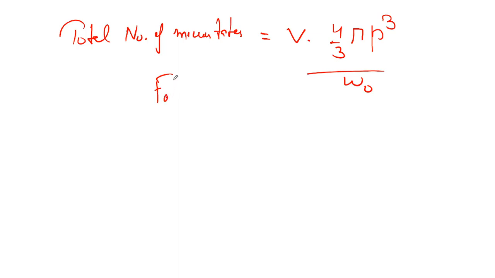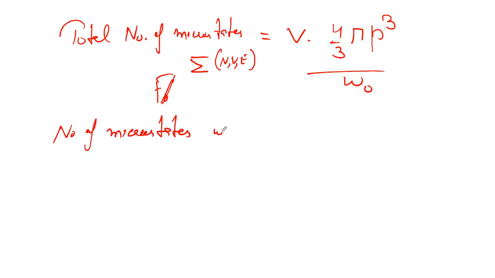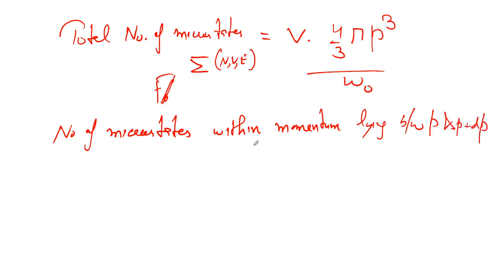So this is the total number of microstates, and it is generally defined as a summation that is dependent upon N, V and E, and the number of microstates within this momentum, which is lying between P and P plus delta P.